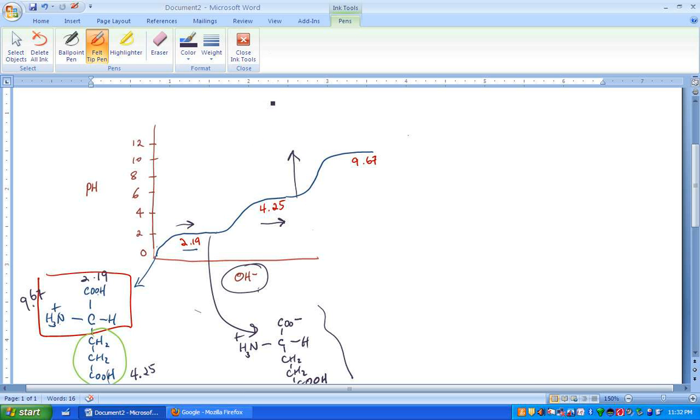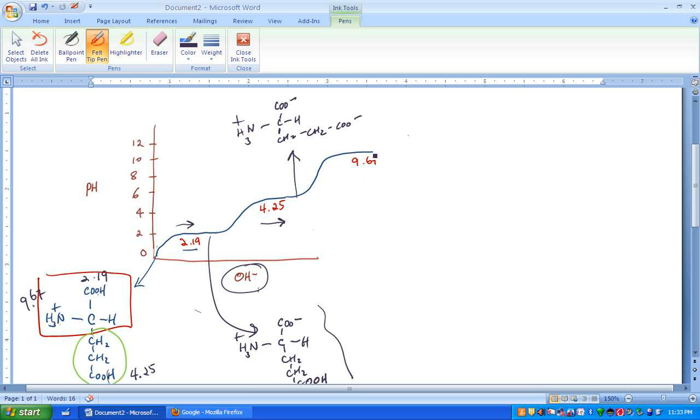Again, this is the predominant structure because as you're moving in this direction, the ratio of the more basic form and acidic form actually changes. And we'll talk about that after we go over these structures. So you have COO minus, CH and NH3 plus, and then you would have CH2, CH2, and COO minus after this point.